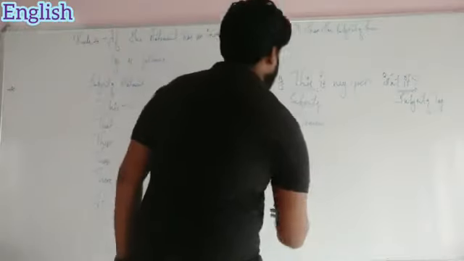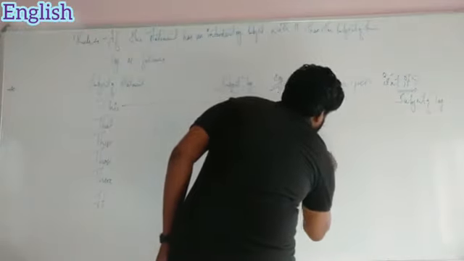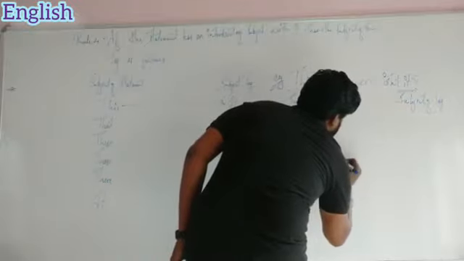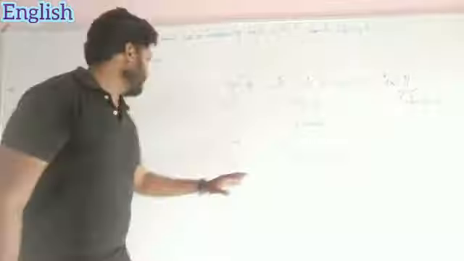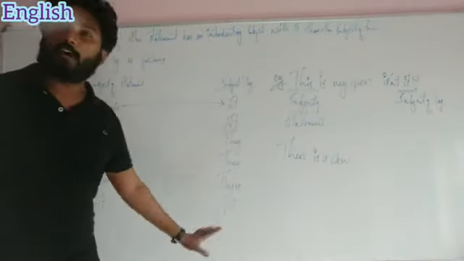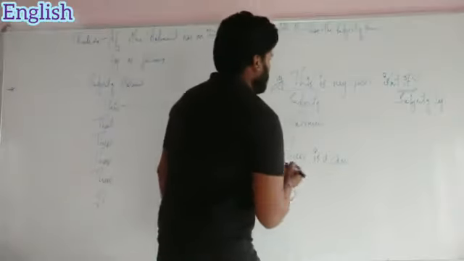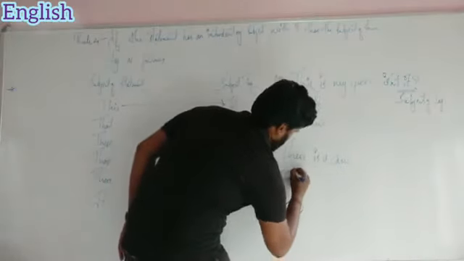See, another example: there is a cow. If we go through the chart, there changes, no changes, there is a cow, simple. This is the subject of this statement.